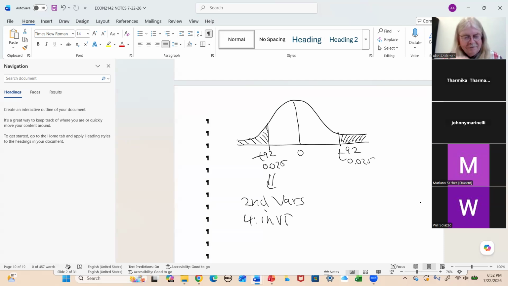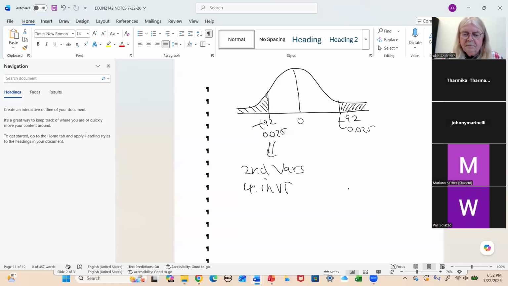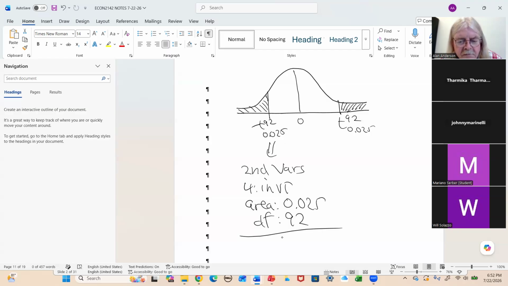All right, INVT, area and degrees of freedom. So as of right now, that's 92, area is 0.025. And let's see what we get. Negative 0.986.